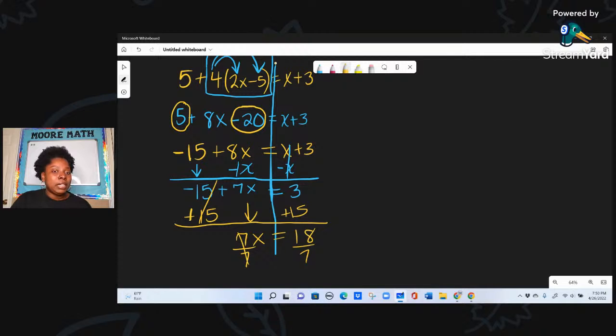We wanted to clean it up a little bit so that we just had one x and one number, just like on the right side. Then we were able to move the x's over to one side and move the numbers over to the other side so that we could finally solve it. Let me know if that helped you.